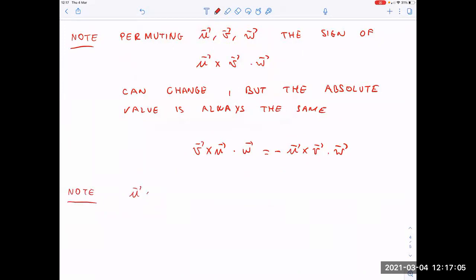So U cross V dot W is number 0 if and only if... Let's see how can you conclude this one. Someone says when there is no height. So it basically means when the volume of the box is 0. And when is it the case that the volume of the box is 0? Well, in some sense, when there is no box.